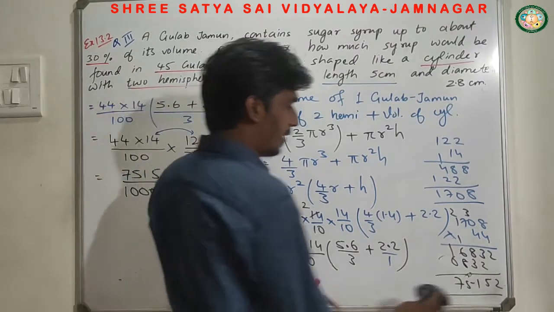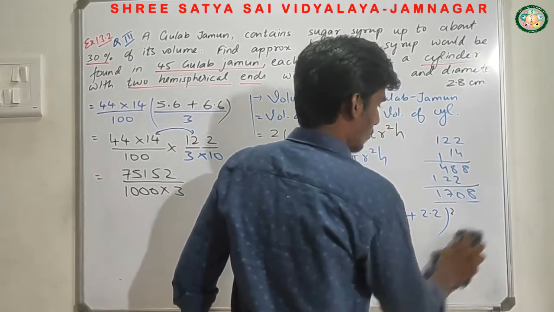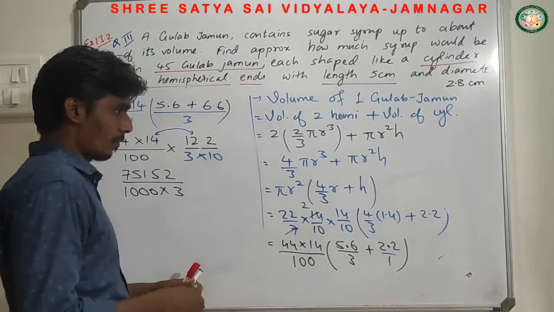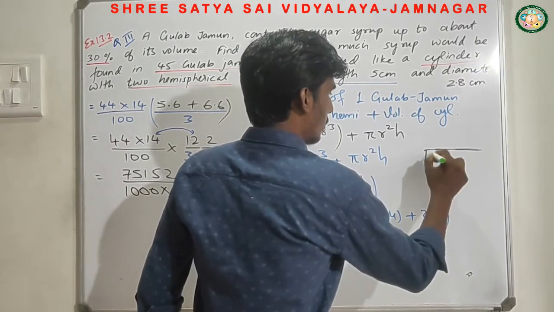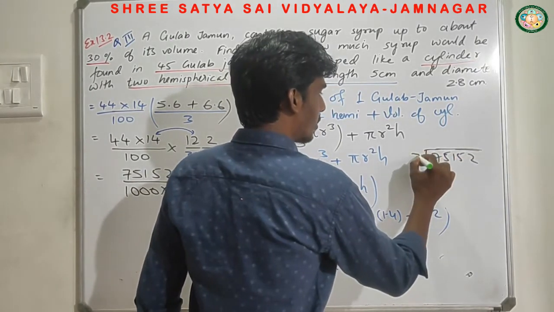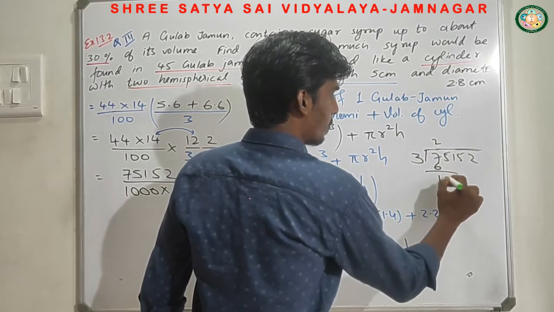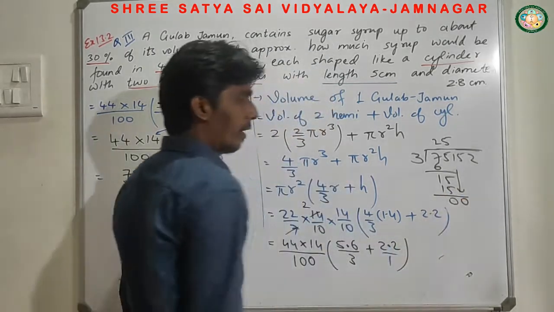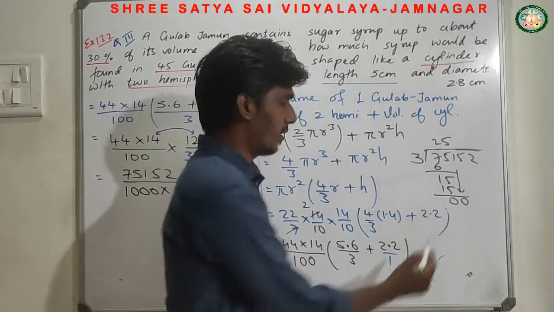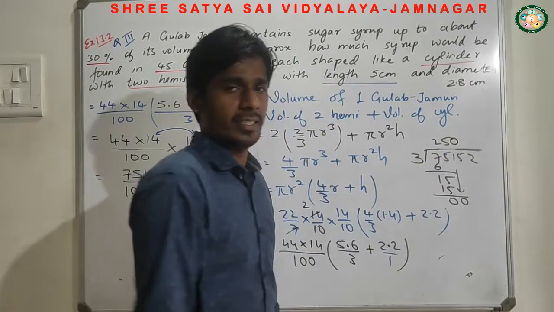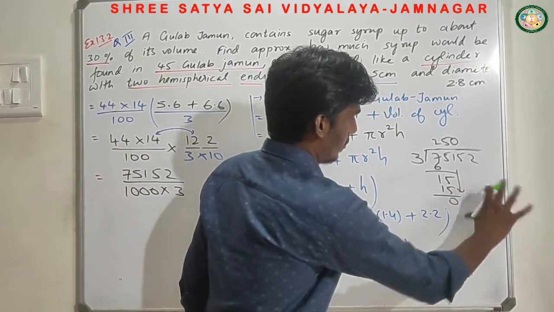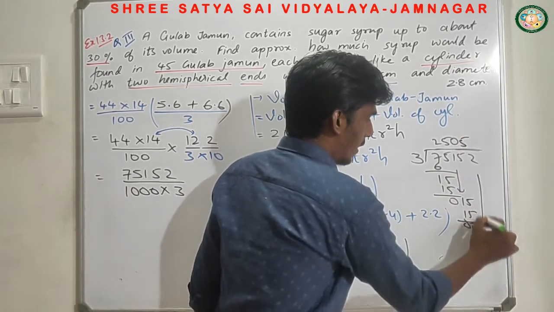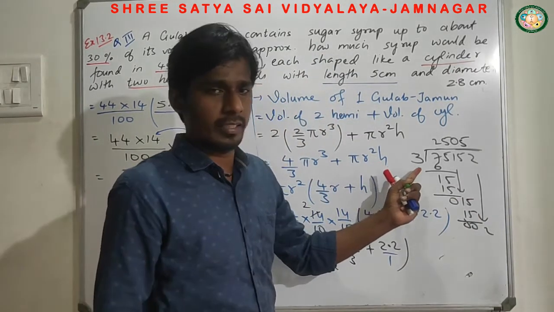So about this calculation part. 75152. 3 2s are 6, 3 5s are 15, remainder 0, 1. Now here it's very important. Taking 1 forward does not let the step go. So what I have to do here? I have to take 0 here. Then 1, 5. So 5s are 15. Again 2. Now 2 is not in the table of 3.